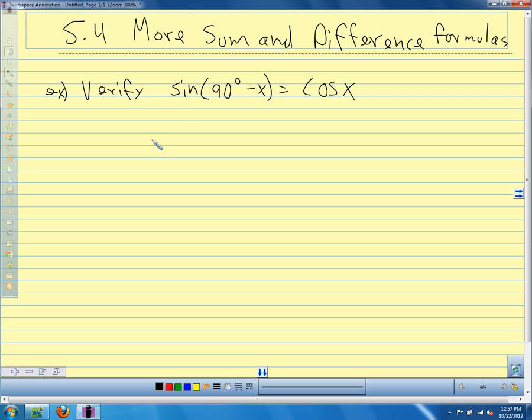So the sine of 90 minus x, using our identity for the difference of two angles, is the sine of 90 degrees times the cosine of x minus the cosine of 90 degrees times the sine of x.